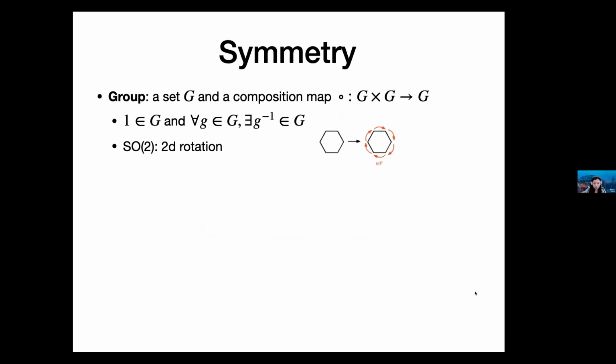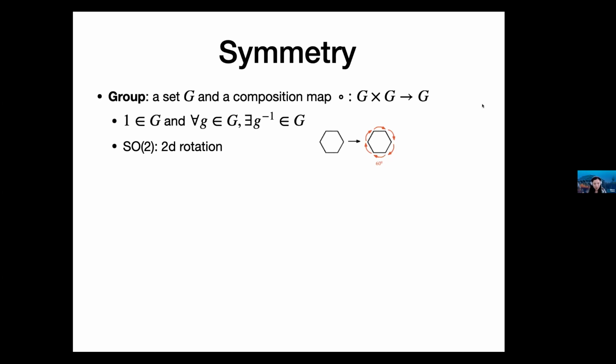So a brief introduction to symmetry and group theory. For those who are experts in the subject, you can just bear with me for a few minutes. In symmetry, we have a key concept called a group. A group is a set with a composition map to itself. So a group G with a binary operation maps to itself.